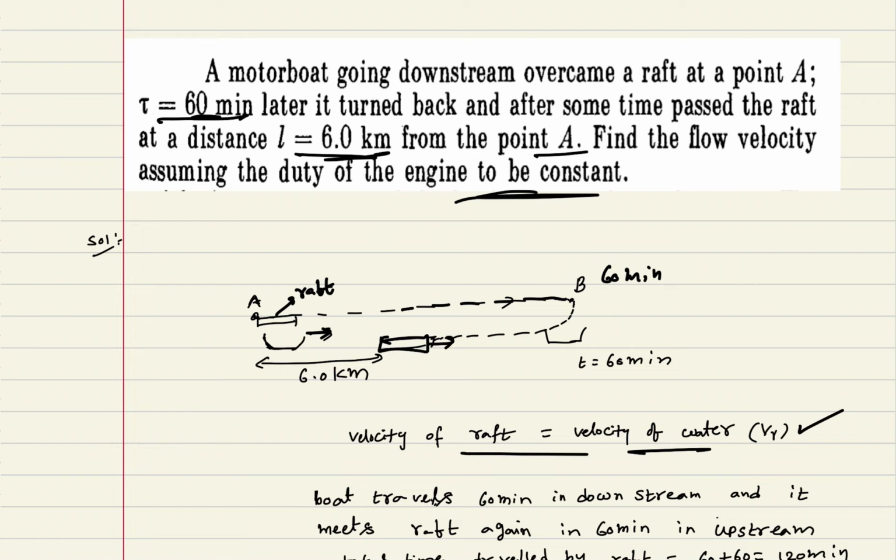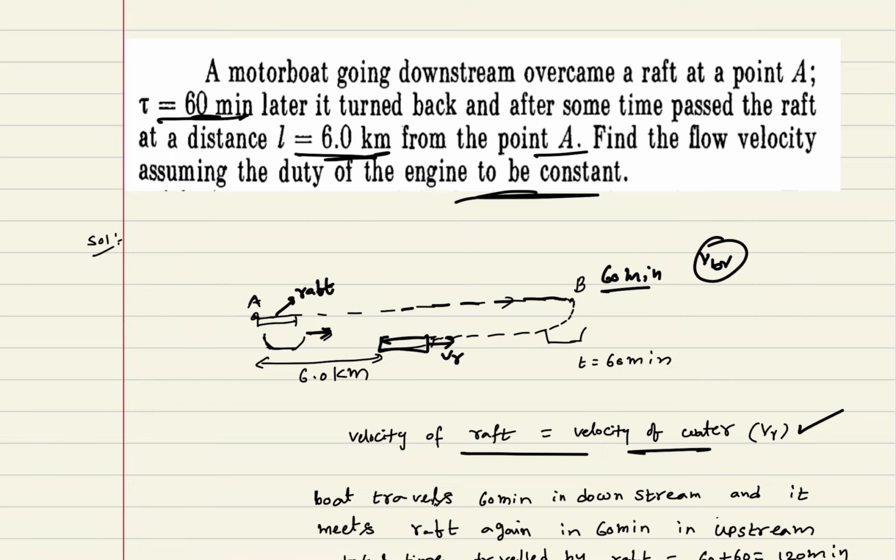The raft will move with the velocity of water only, that is the velocity of the river. What will the boat feel? It travels in the forward direction, because initially when it starts, the raft is at rest. Now the boat moves forward for 60 minutes, again it turns back and comes back.